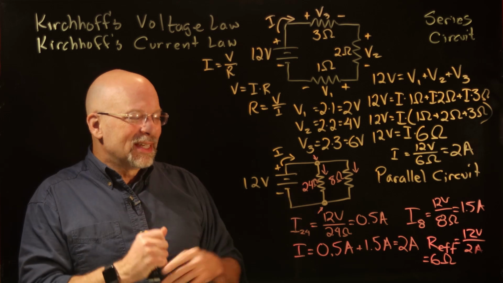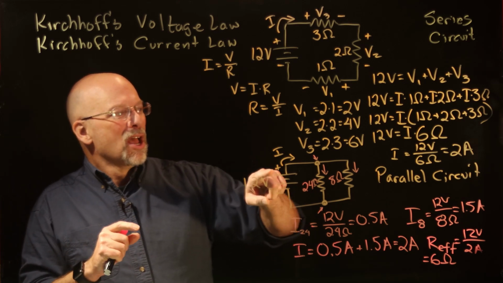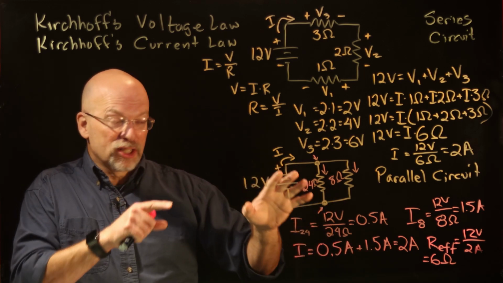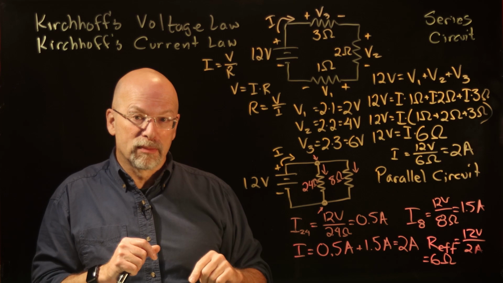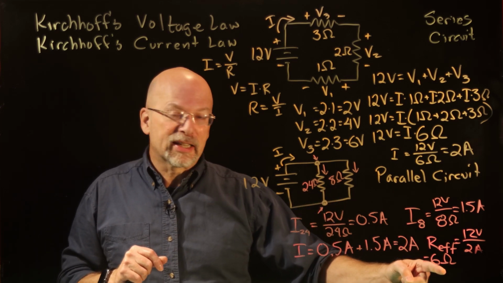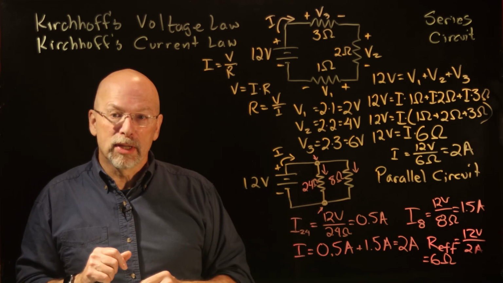Now, the reason this is of importance is that whenever you look at the effective resistance of resistors in parallel, notice this one's 24 ohms, this one's 8 ohms, the effective resistance was 6 ohms, less than either one of them by themselves.